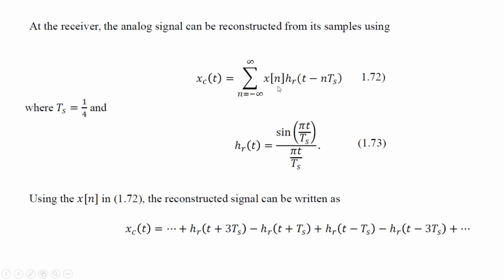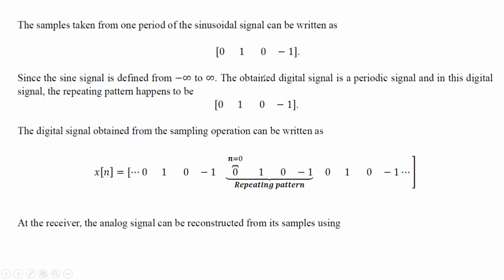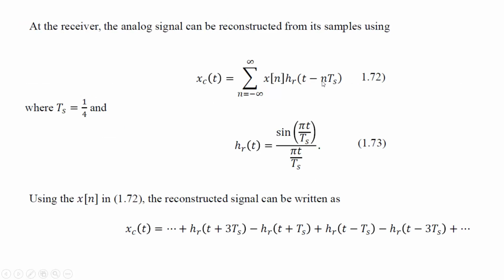So for n equal to 0, this value is 0, so the multiplication will be 0. When n is equal to 1, the value is 1 here. So that means hr of t minus Ts, and the xn value is 1. So this factor will come, hr of t minus Ts.